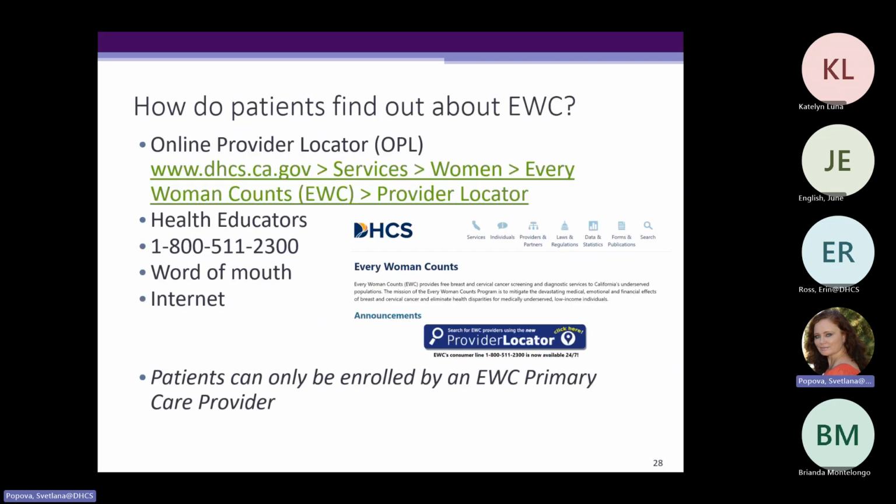So how do patients usually learn about us? You're probably all familiar with the online provider locator and also the 800 number. Through both of these services, telephone and online, patients can search by mileage from where they reside.